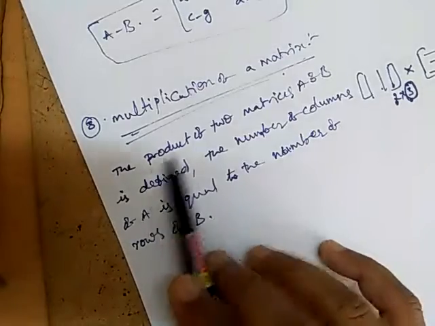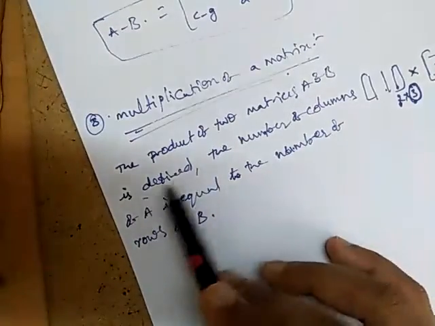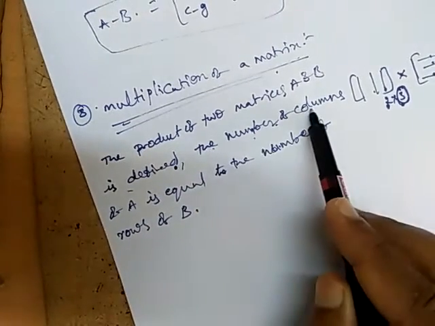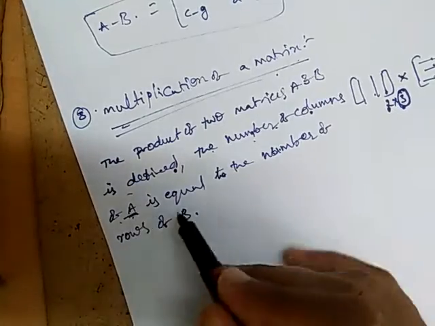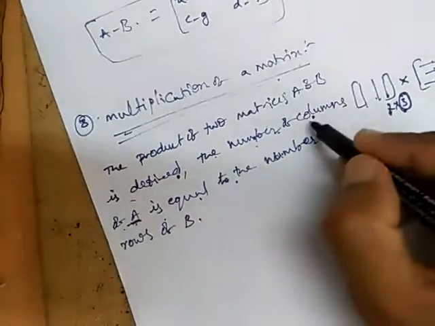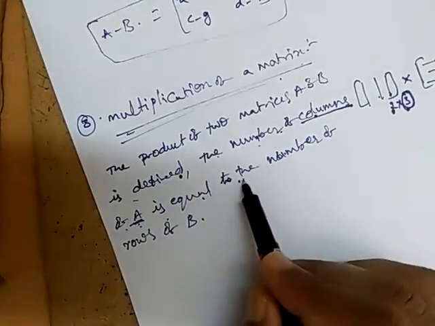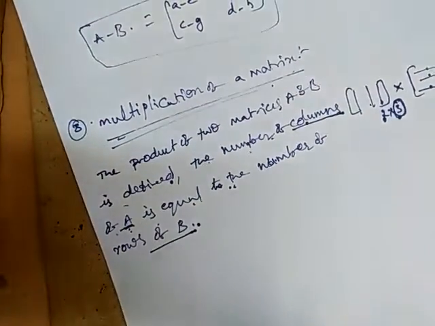That is, the product of two matrices A and B is defined when the number of columns of matrix A is equal to the number of rows of matrix B.